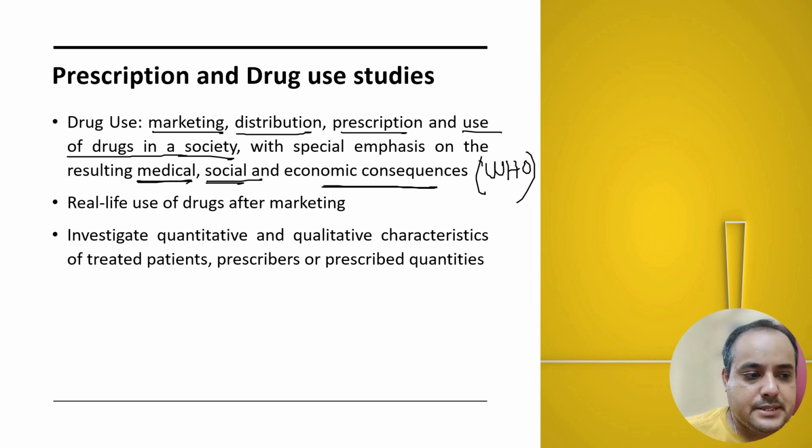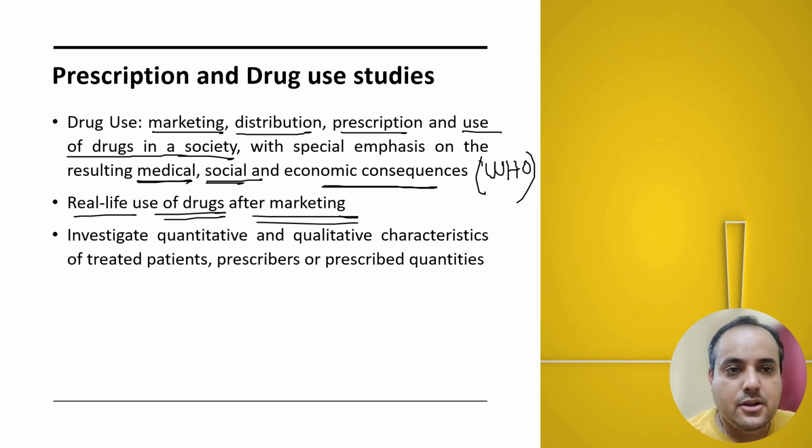Now these prescription and the drug use studies investigate the real life use of the drugs after the drugs have been marketed. Who are actually using the drug, in what quantity it is being used, right? What are the hindrances, what are the prescription behaviors?